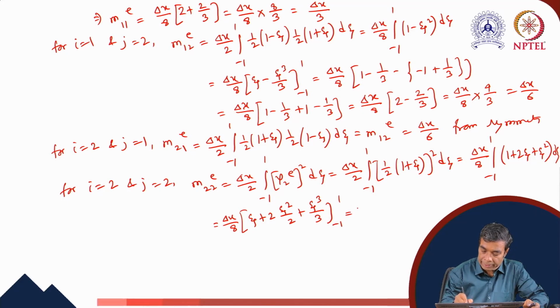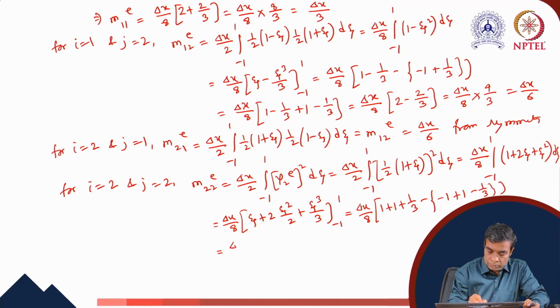This can be simplified as delta x by 8 into 1 plus 1 plus 1/3 minus minus 1 plus 1 minus 1/3.